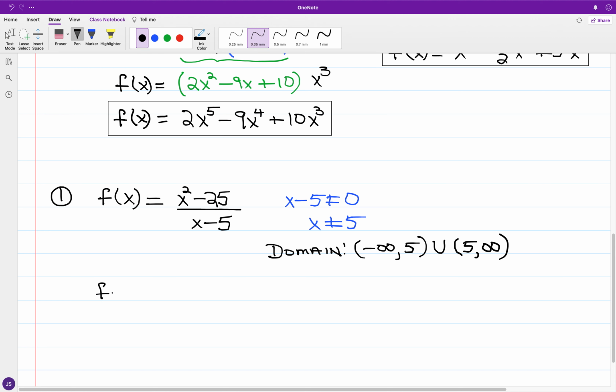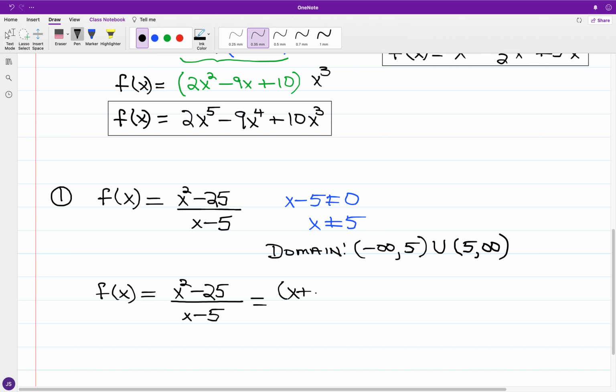Now, again, this function is not in simplest form. And vertical asymptotes are going to result from exclusions from the domain whose factors will remain in the denominator after the rational function is simplified to lowest terms. And here we have x squared minus 25.